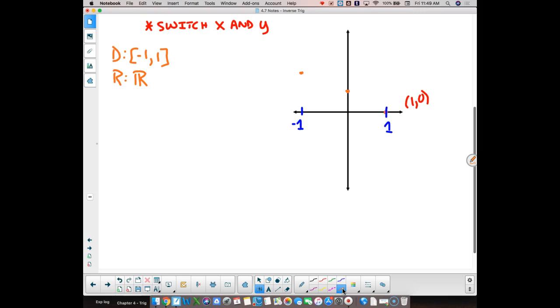Three pi over 2, 0 converts into 0, 3 pi over 2. 2 pi, 1 converts into 1, 2 pi.